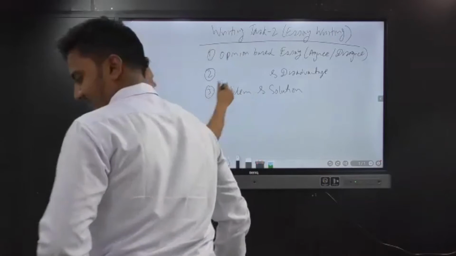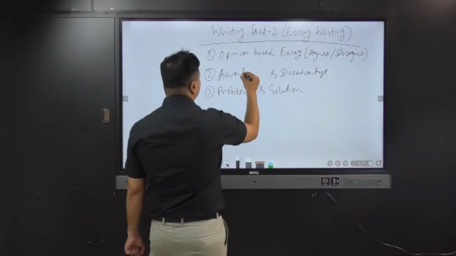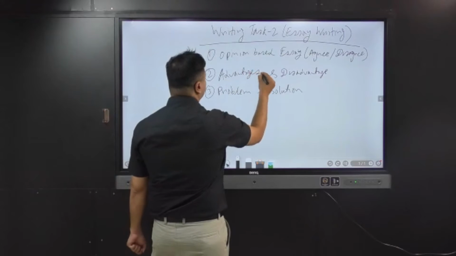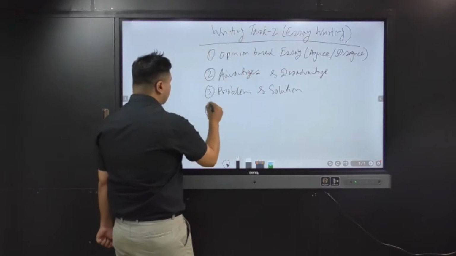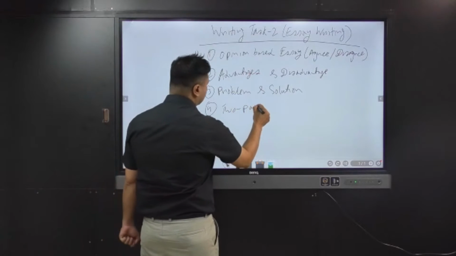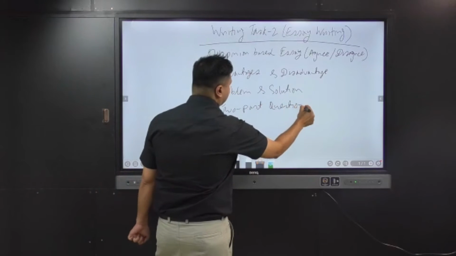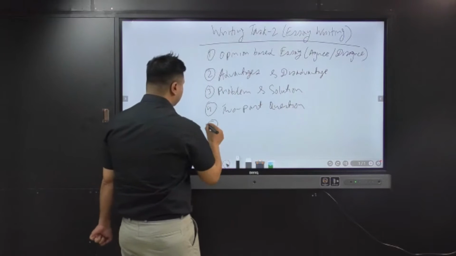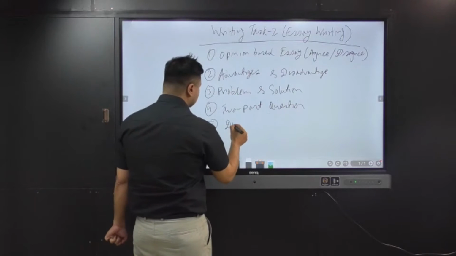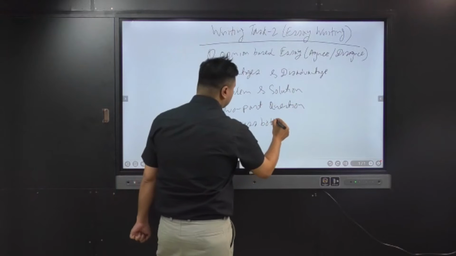Number 4 is two-part question. Number 5 is discuss both views.